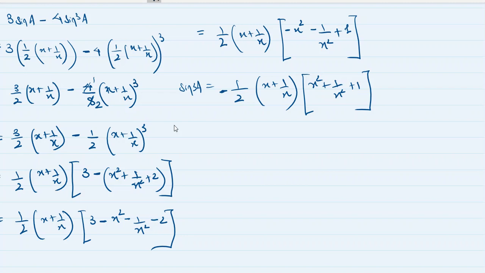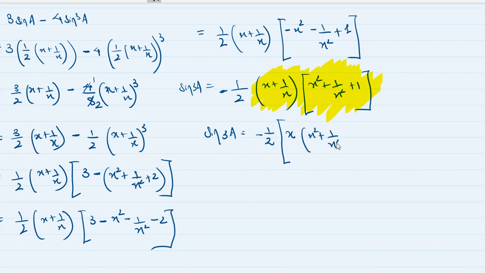So if we shift to the left hand side, the answer can come, but we have to simplify this part of the expression now. Let minus half be outside and let us multiply this part. So sine of 3A is equal to minus half bracket, x bracket x square plus 1 by x square plus 1, plus 1 by x bracket x square plus 1 by x square plus 1.